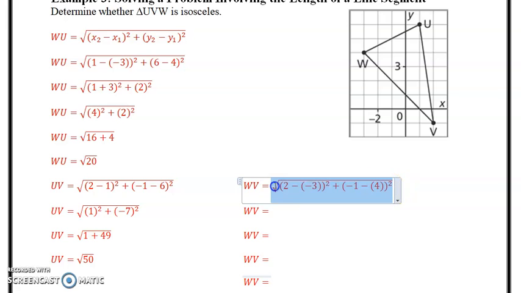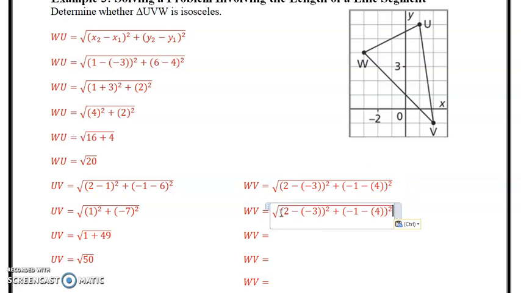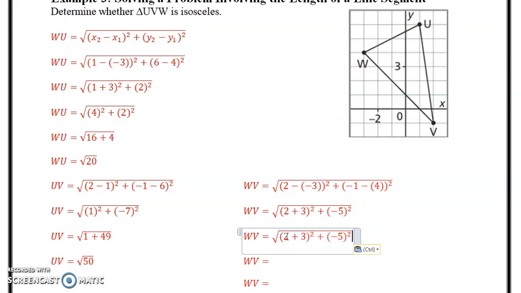So that's going to be 2 plus 3, and -1 minus 4. So we get 2 plus 3 is 5, and -5 squared. You can see where we're heading here. 5 squared is obviously 25. -5 squared is also 25, for a final answer of square root of 50.